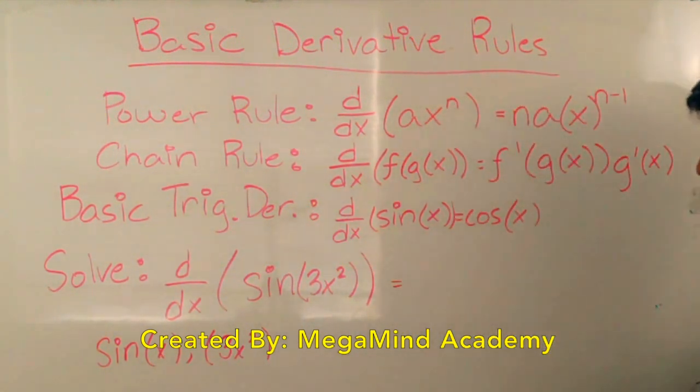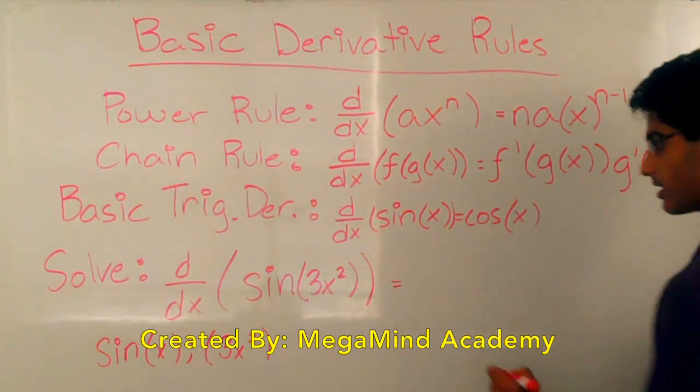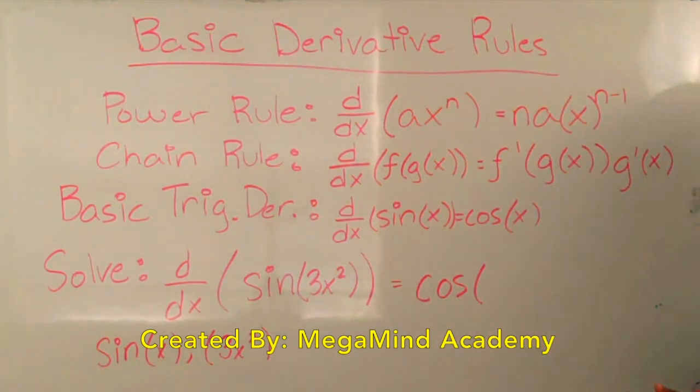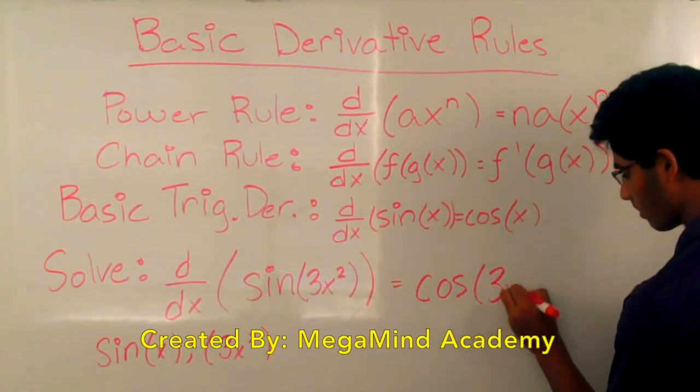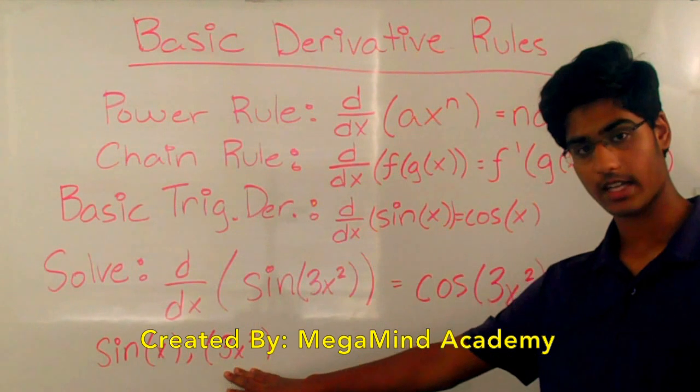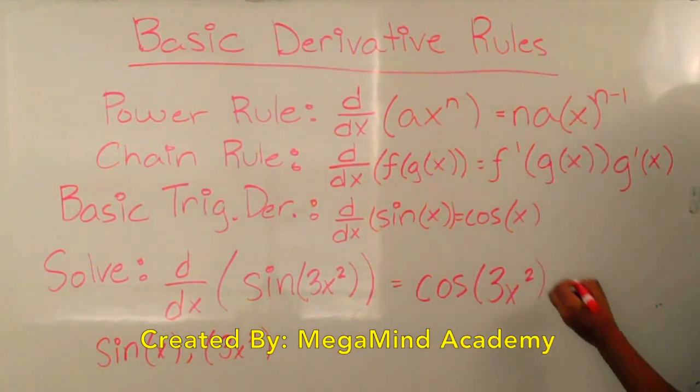So, the derivative of sine of x, we know, is cosine of x. So we have cosine of, but instead of x, we still have to keep this g of x here. So cosine of 3x squared. The next step is to multiply it with the derivative of the inner function, which is 3x squared. The derivative of that is 6x.